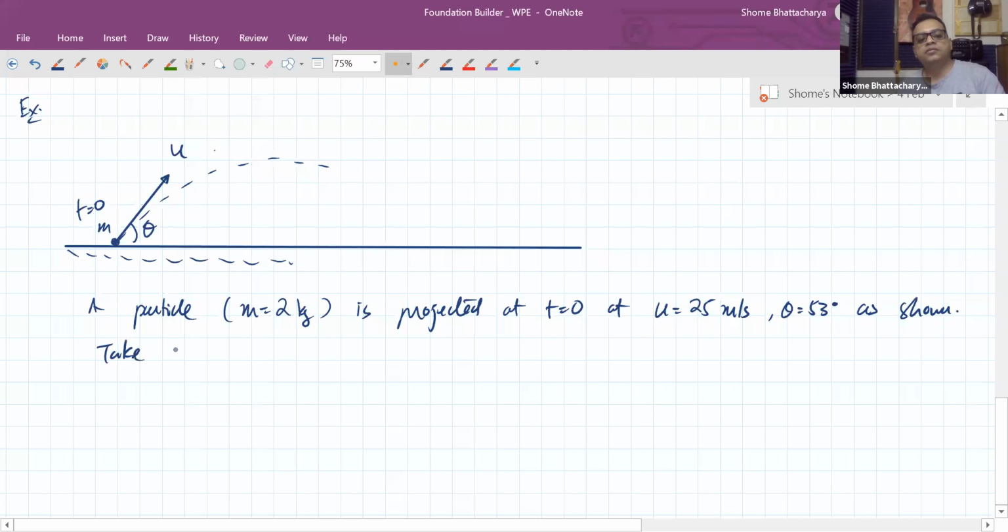Take the value of acceleration due to gravity to be 10 meters per second square.